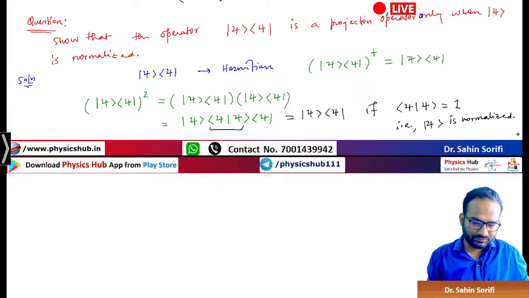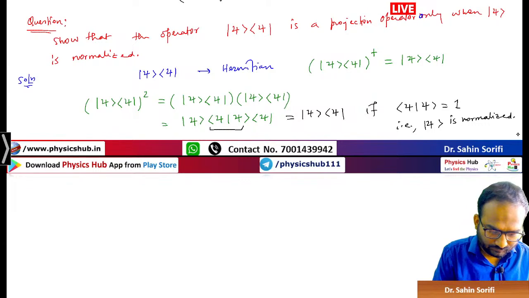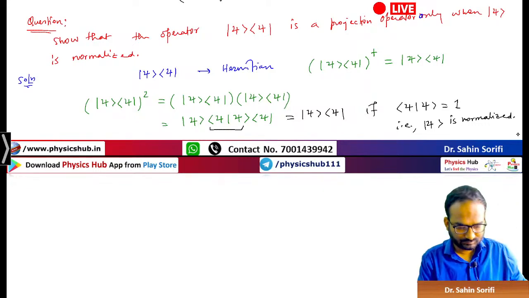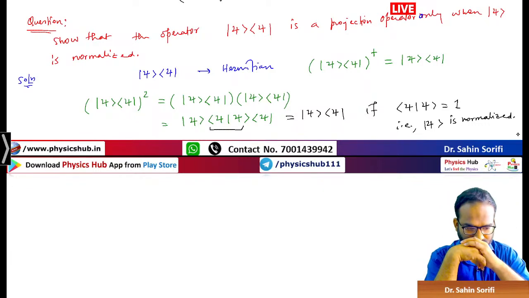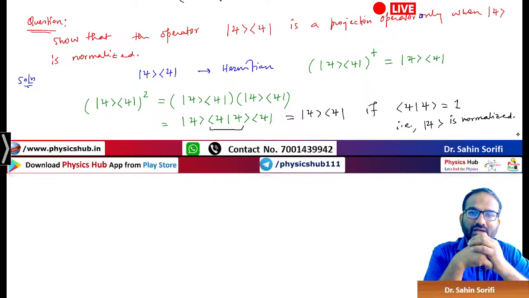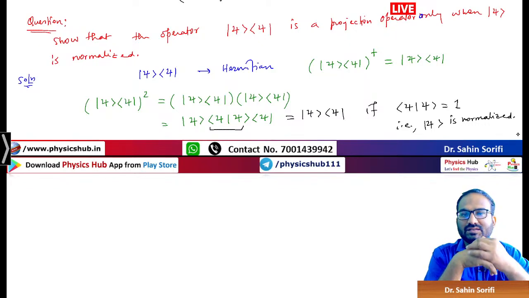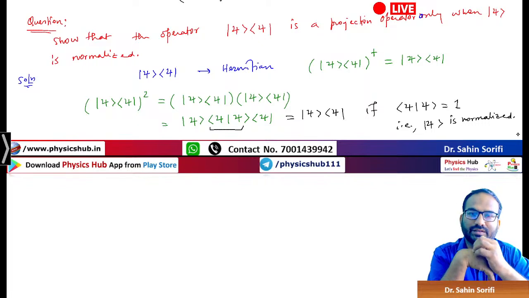So, very standard proof. The product of the ket psi with the bra psi is a projection operator.